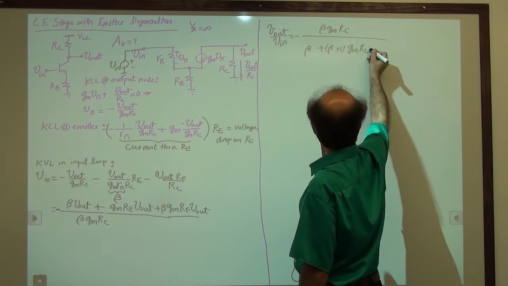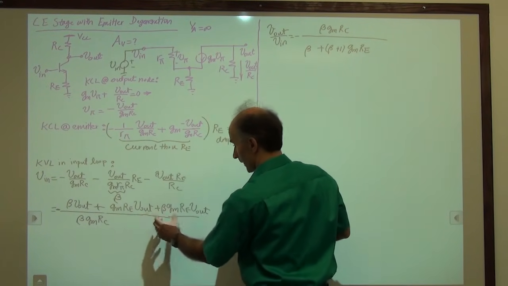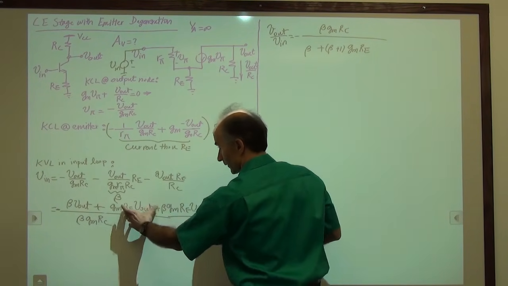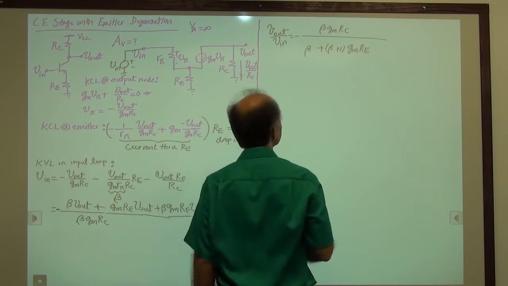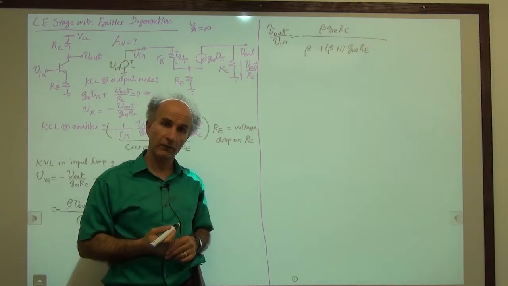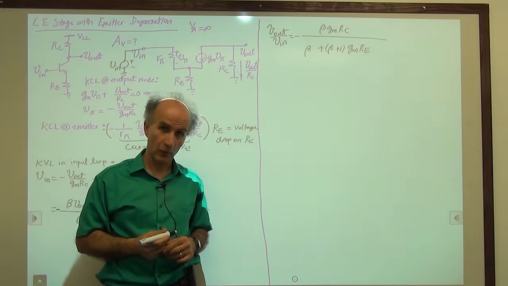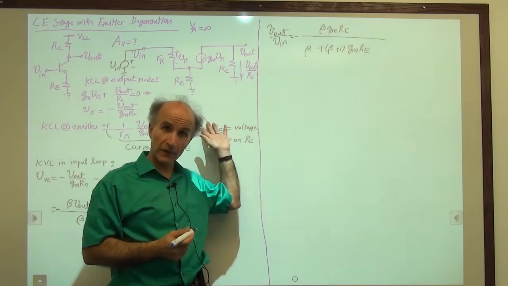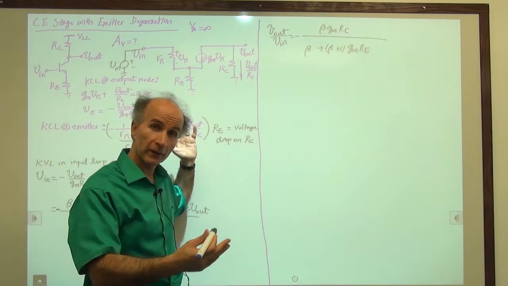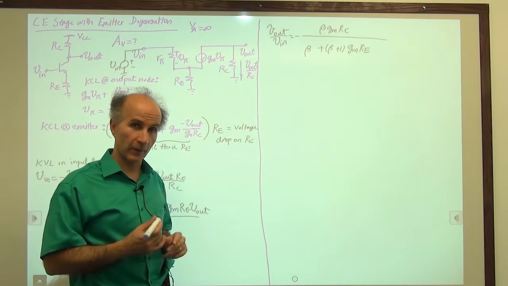So we have GMRE here, we have beta GMRE here, so that's beta plus 1 times GMRE, and then we have beta. So this is the equation for the voltage gain of this degenerated common emitter stage. We're hoping that this stage will be somewhat better in terms of gain variation than the original common emitter stage.